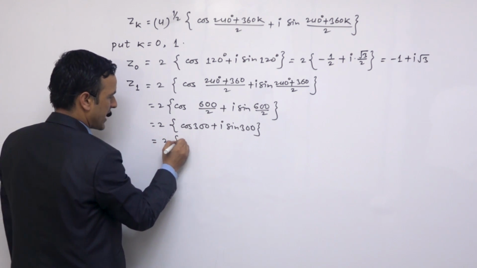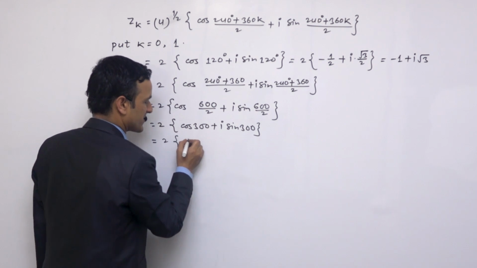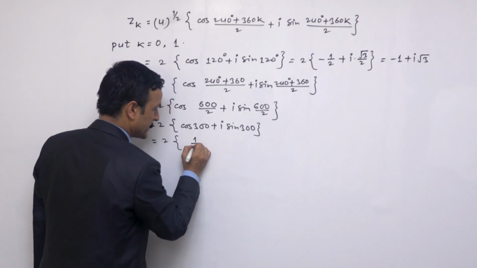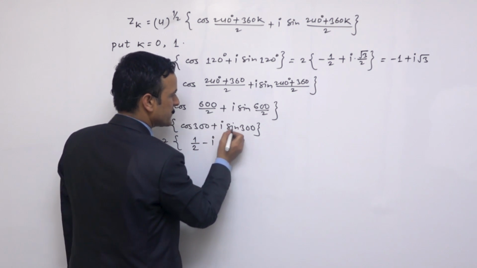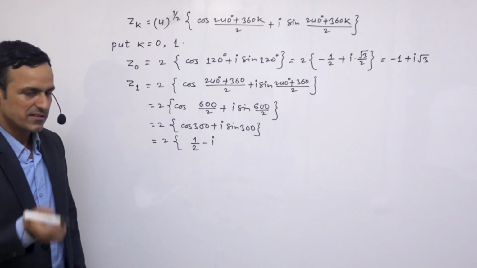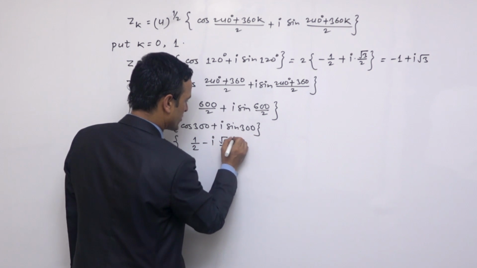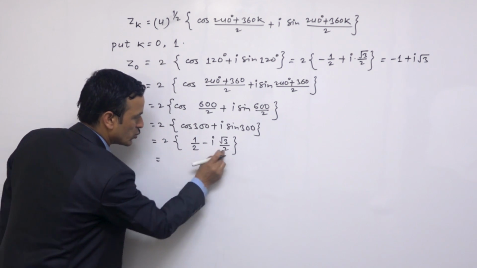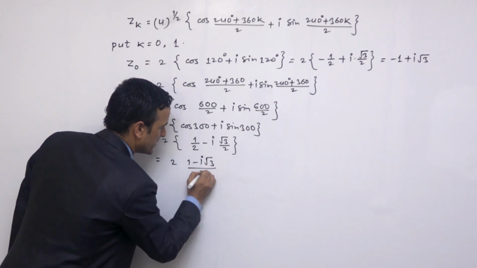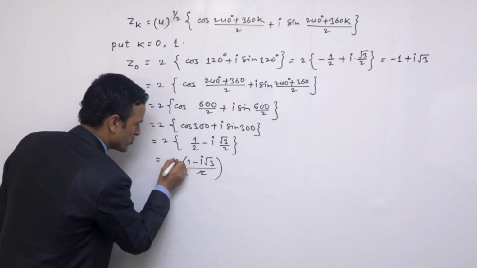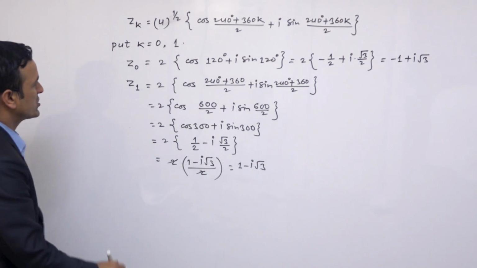Cos 300 means cos (360 minus 60), so the value is 1 by 2, and sin (360 minus 60) is minus root 3 divided by 2. After taking the LCM, the 2s cancel, and 1 minus i root 3 is the solution.